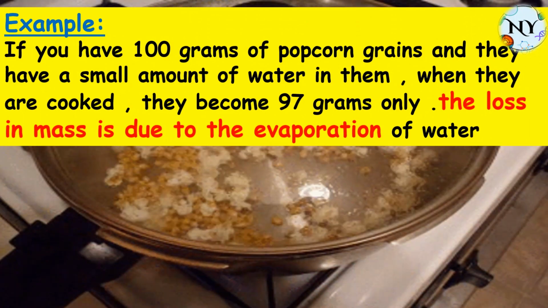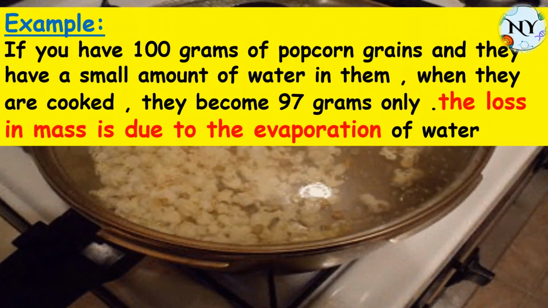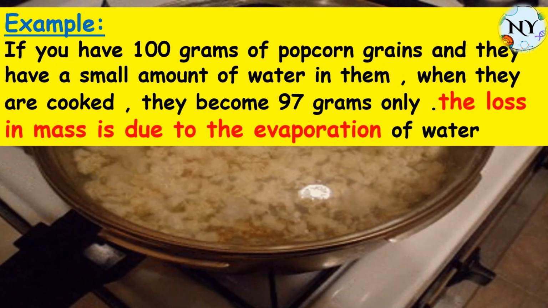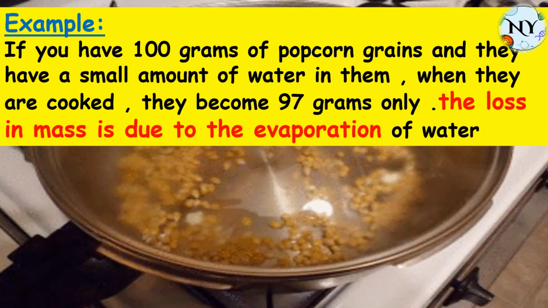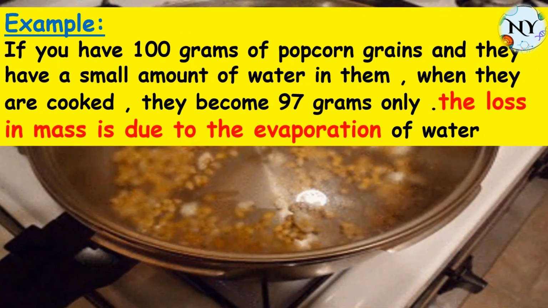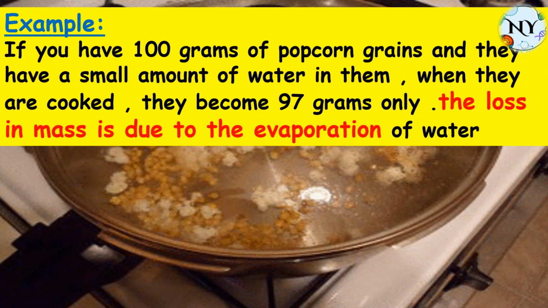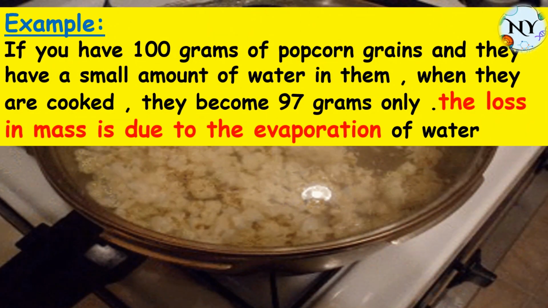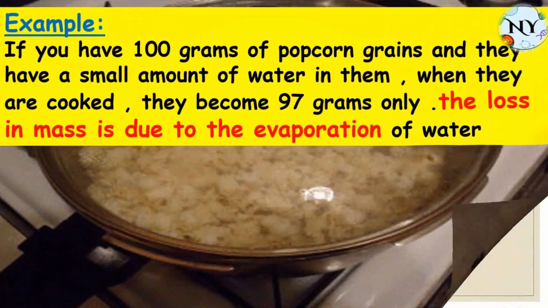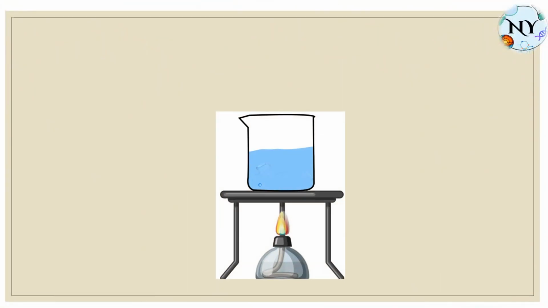When they are cooked, they become only 97 grams. Why? There is a difference in the mass. Before cooking, it is not equal to after cooking. The loss of mass is due to the evaporation of water.